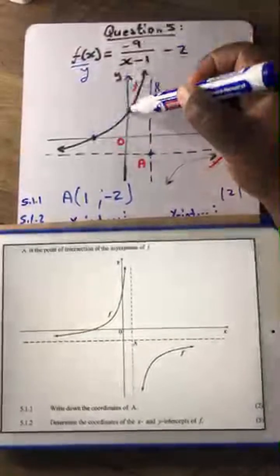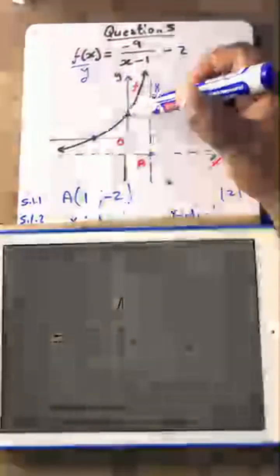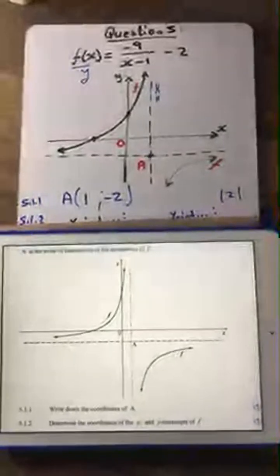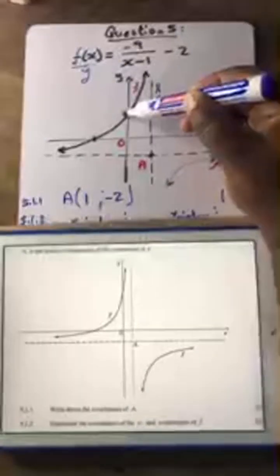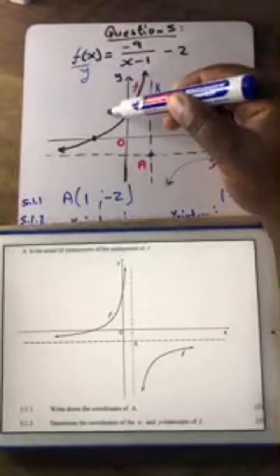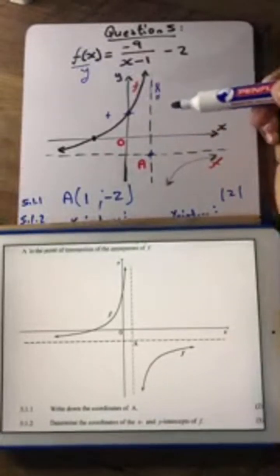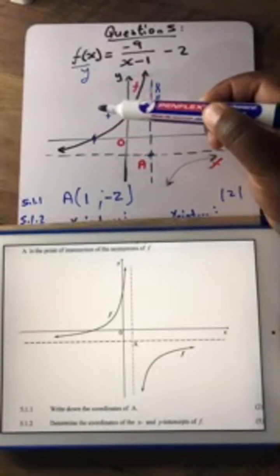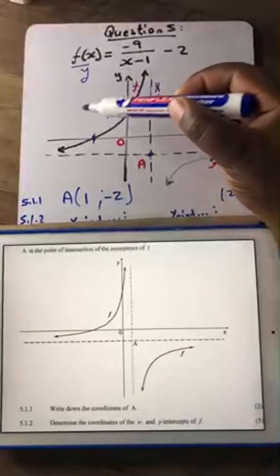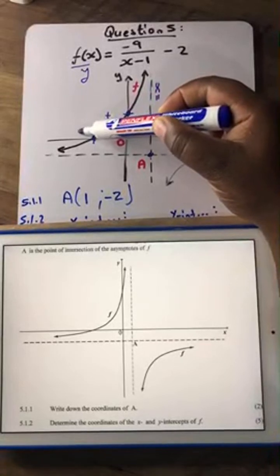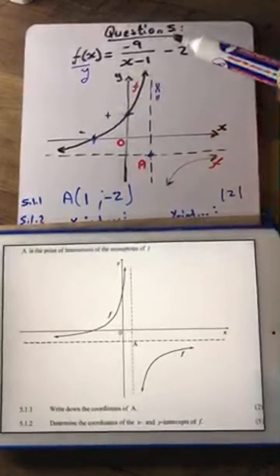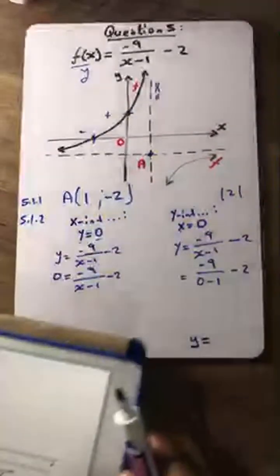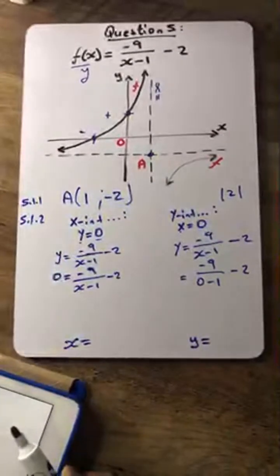And then this is where you have the y-intercept. So already for the y-intercept, you are expecting a positive y value. And already for the x value, you are expecting a negative x value.